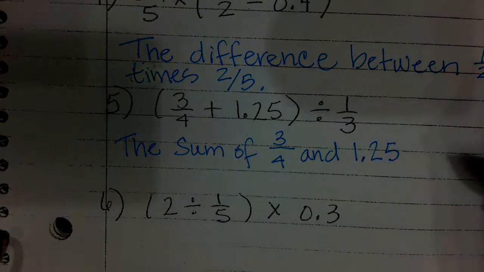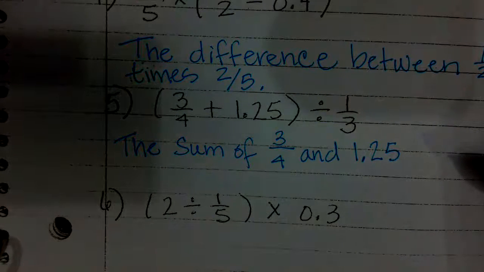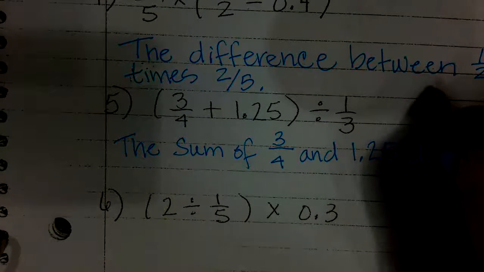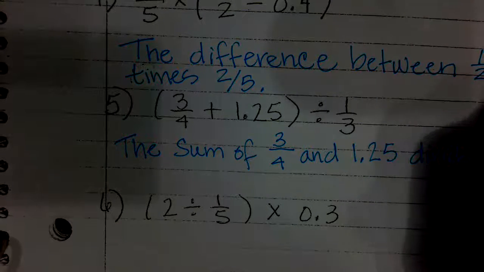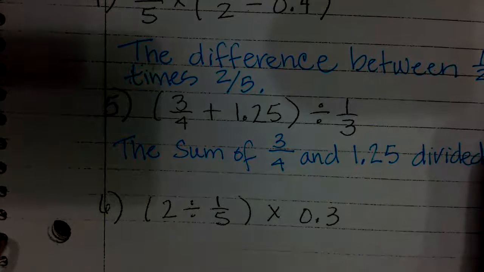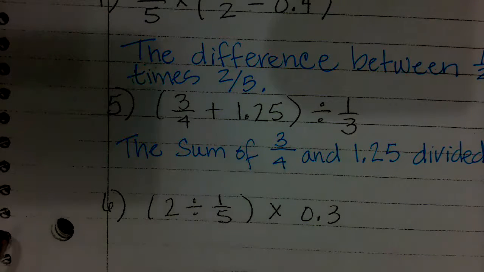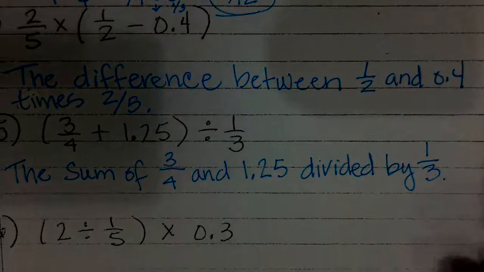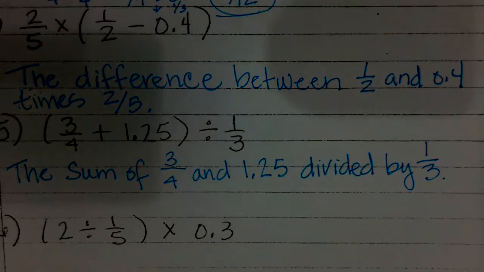And then what do you want to say? What should we say? Divided by 1/3. So the sum of 3/4 and 1.25 divided by 1/3.